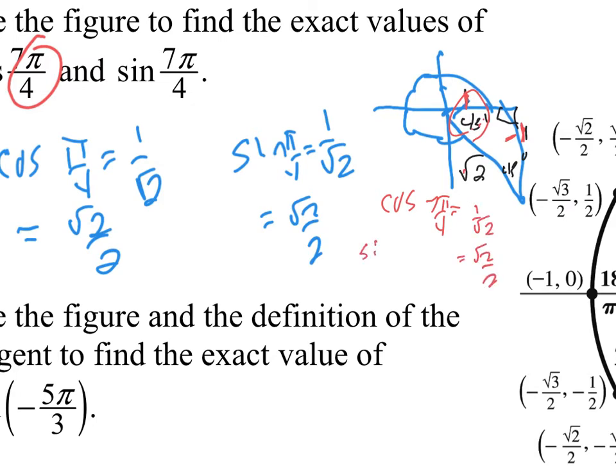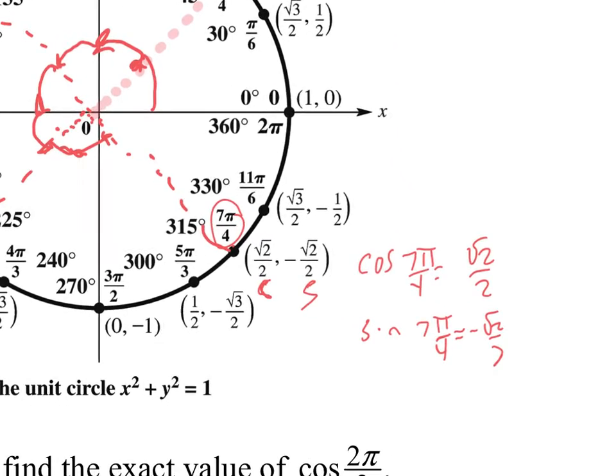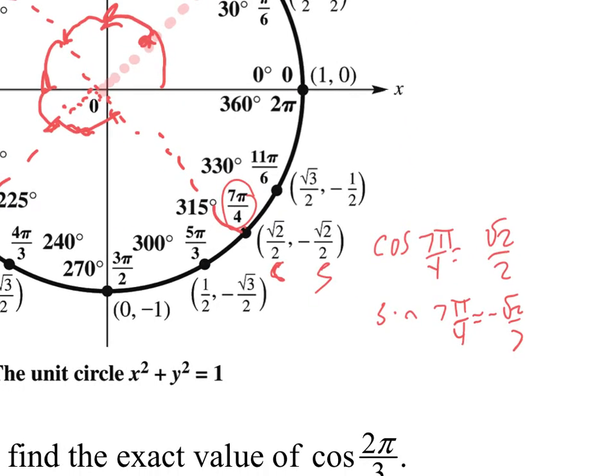The sine of that 7 pi over 4 must be the opposite, which is a negative 1 over the square root of 2, which gives me the negative square root of 2 over 2, which should match up to my answers that I just had. Let me go back and look at what I did. The negative was on the sine, and that's the cosine.